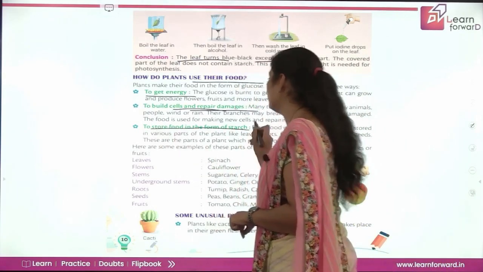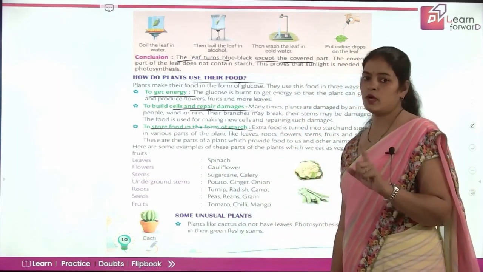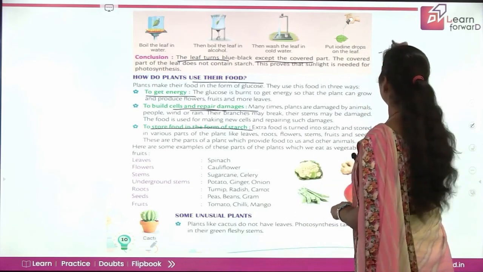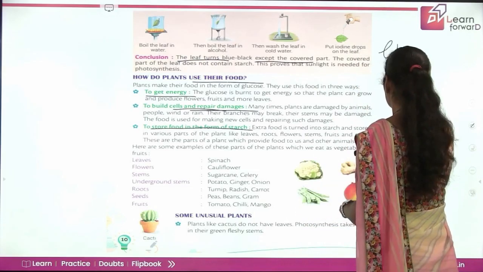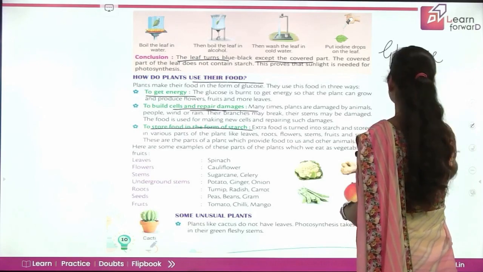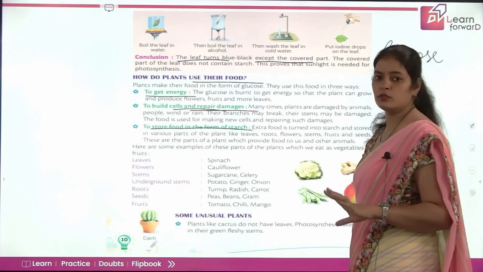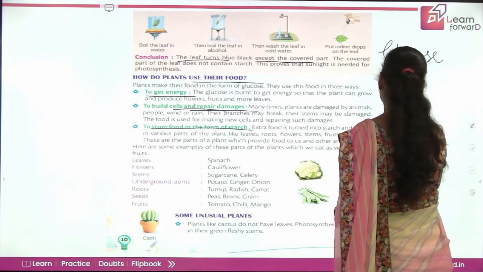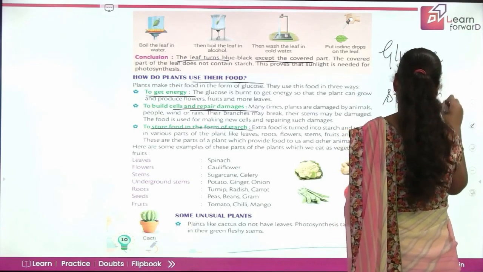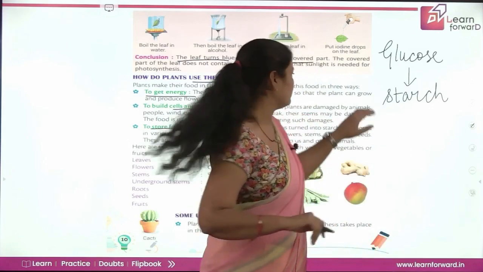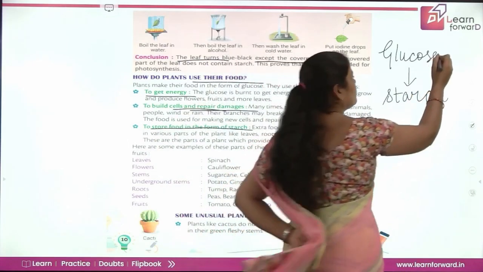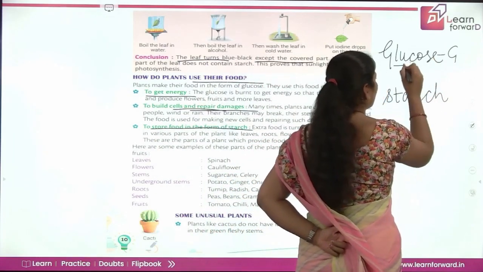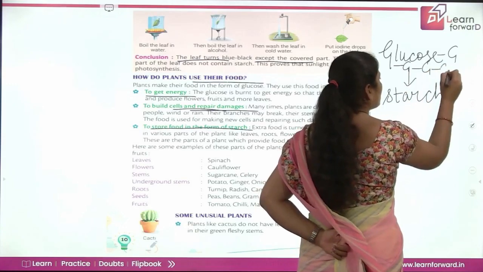Next, to store food in the form of starch. So remember one thing, always: plants prepare glucose, a simple sugar, as food, but they always store food in the form of starch. Many glucose units combine together to make one starch molecule.